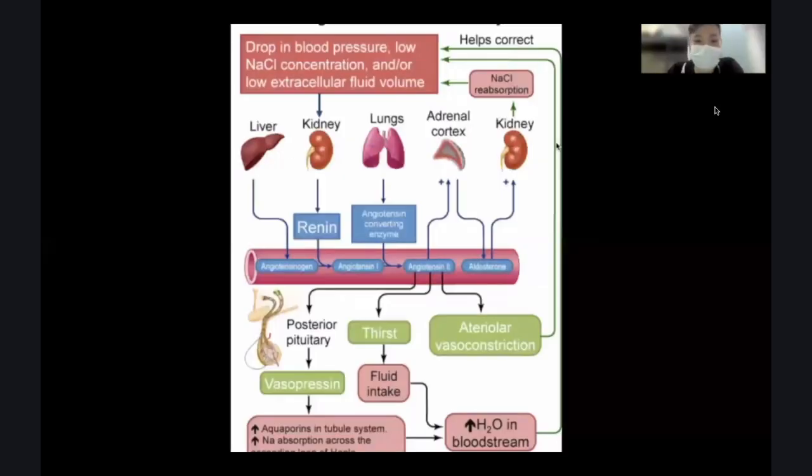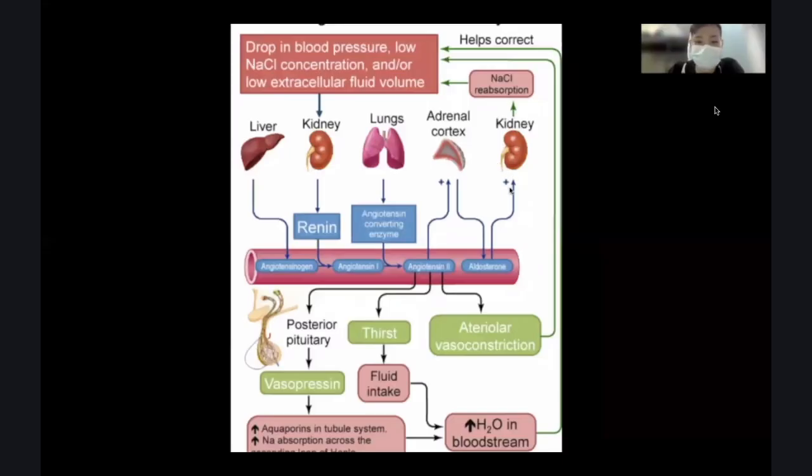Another, more complex diagram shows what happens if there is a drop in blood pressure or low sodium chloride concentration and low extracellular fluid volume. So these are the different organ systems that will try to compensate. You have the liver, kidney, lungs, adrenal cortex.